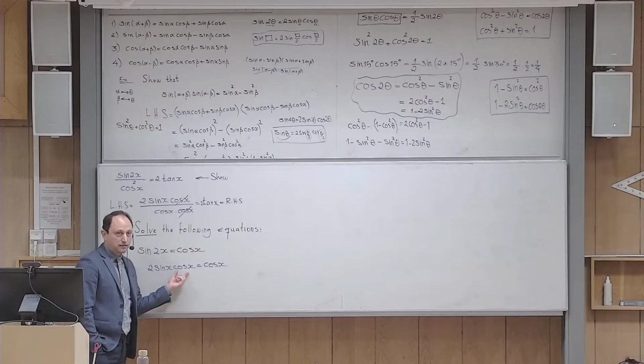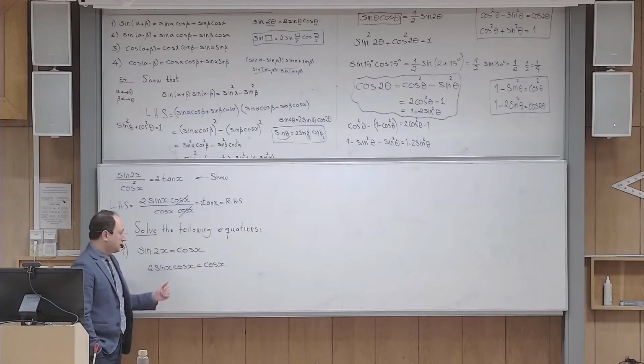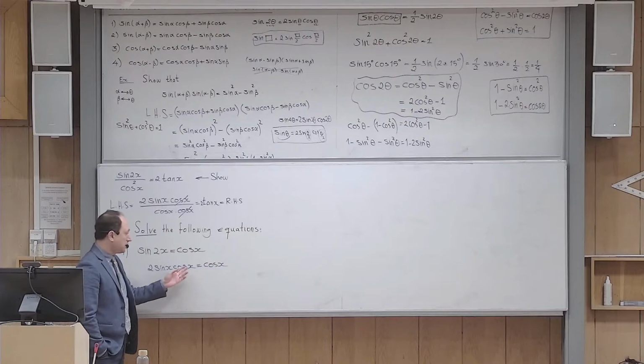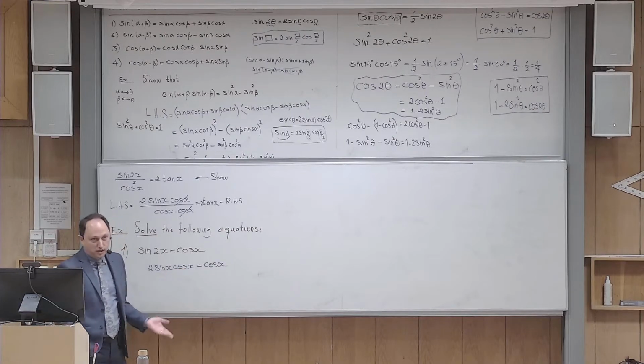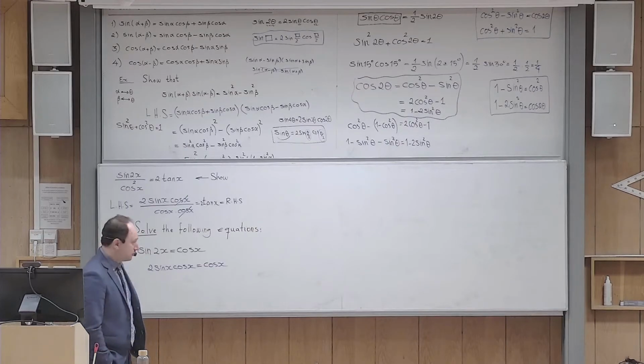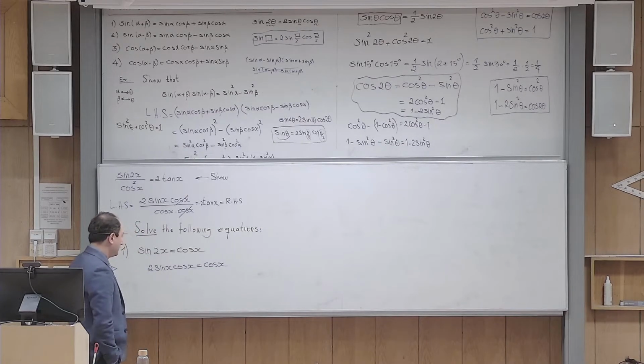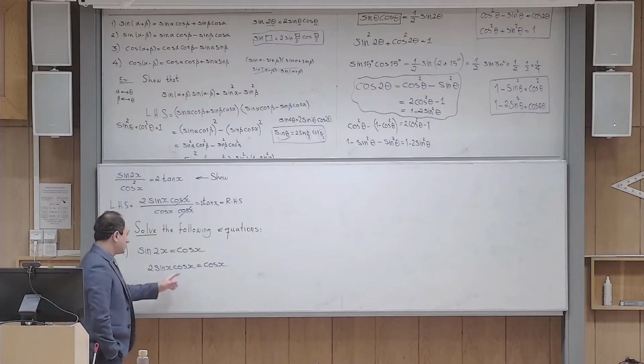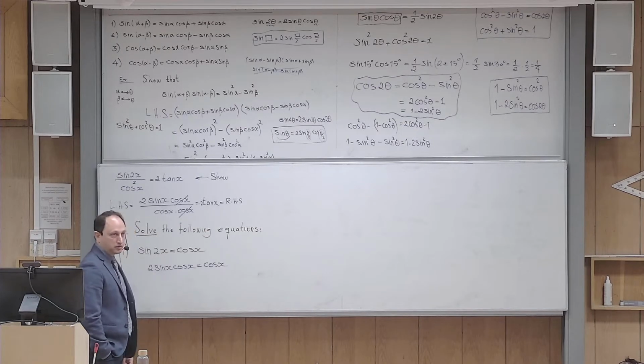But you don't have that guarantee yet because you don't know x. If you don't know x, you don't know cosine x. It might happen that you are so unlucky that cosine x is also 0. And that is forbidden in that case. And by the way, this is one of those cases where we are unlucky, because cosine x can indeed be equal to 0. Why?